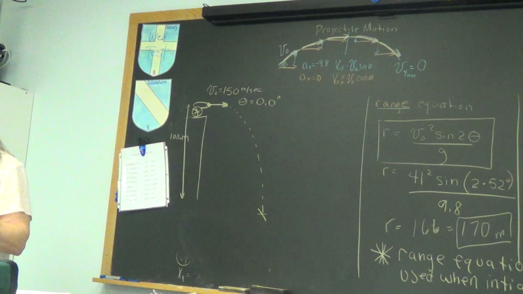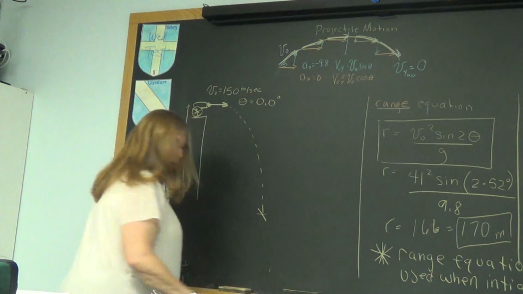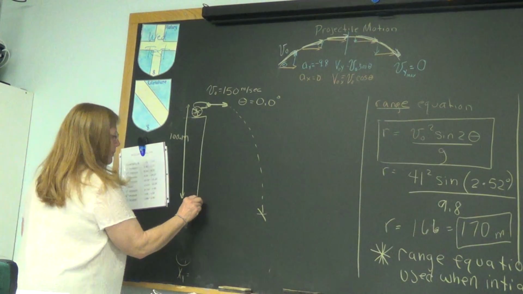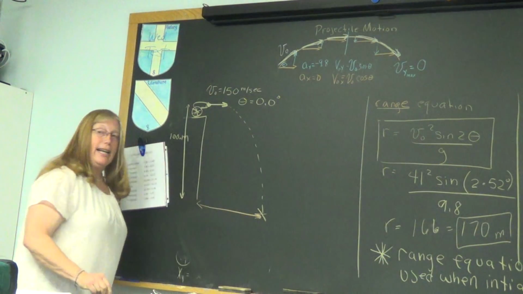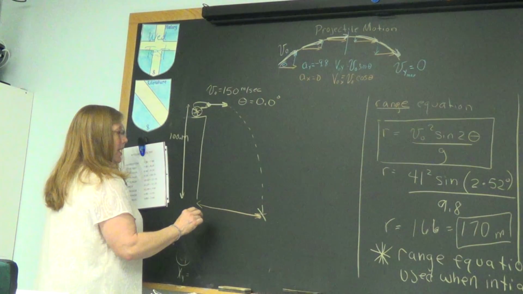All right. So the question is, how far from the base of the cliff, a question in orange today. So this is still a range question. What is the range of the cannonball?